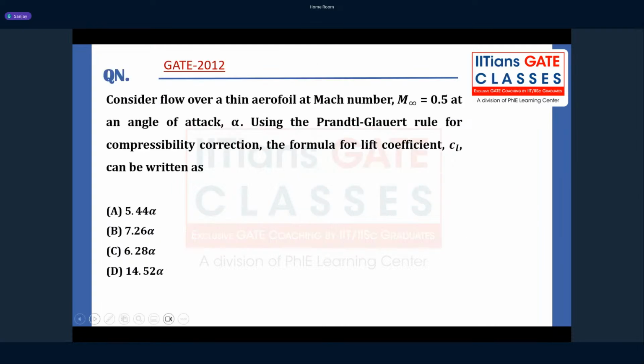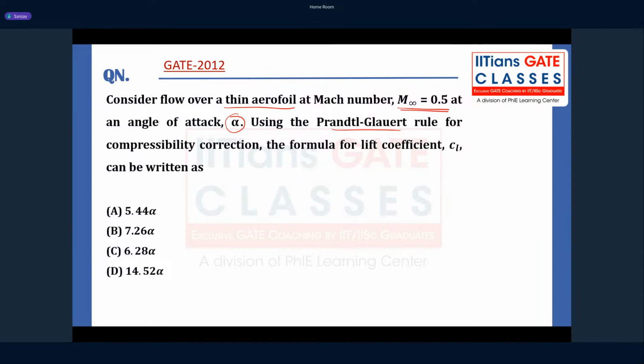So let's solve this question. Consider flow over a thin aerofoil at Mach number 0.5 at an angle of attack alpha. Using the Prandtl-Glauert rule for compressibility correction, the formula for lift coefficient can be written as dash.